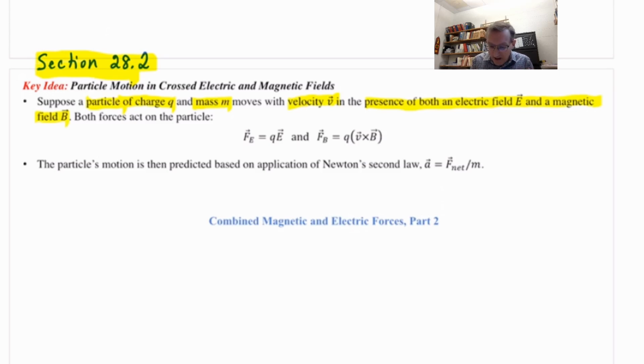The electric force is the easier one, mathematically. F electric is Q times E arrow. We've done that a lot now. And the new one, in the video lecture I just sent you, F magnetic, is given by Q times V arrow cross B arrow. And yes, we're back to vector product that we have to deal with. So we're interested in problems where both of those forces act.